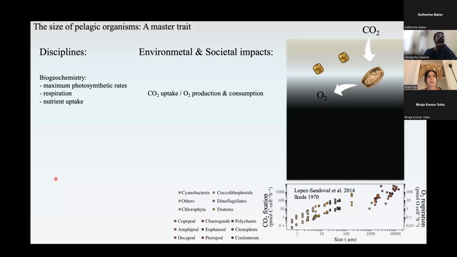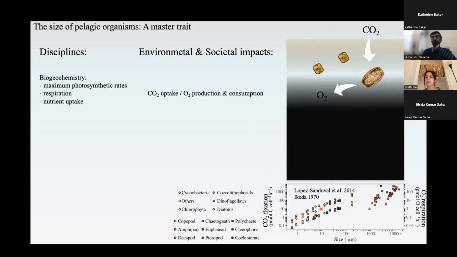Why are we interested in building a pelagic size structure database? Because size is often seen as a master trait for many disciplines of biological, physical, or chemical oceanography, but it also has a lot of environmental and societal impacts. Some of them include carbon fixation, which we've heard of, but mainly from photoautotrophs, represented here by the circle.